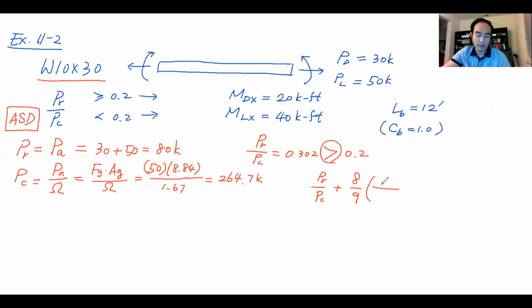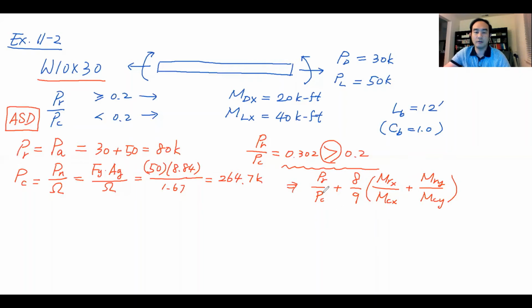And inside of the bracket, we have MR to MC ratio, MRX over MCX plus MRY over MCY, and if that is less than or equal to 1.0, then it is going to be satisfactory, right?